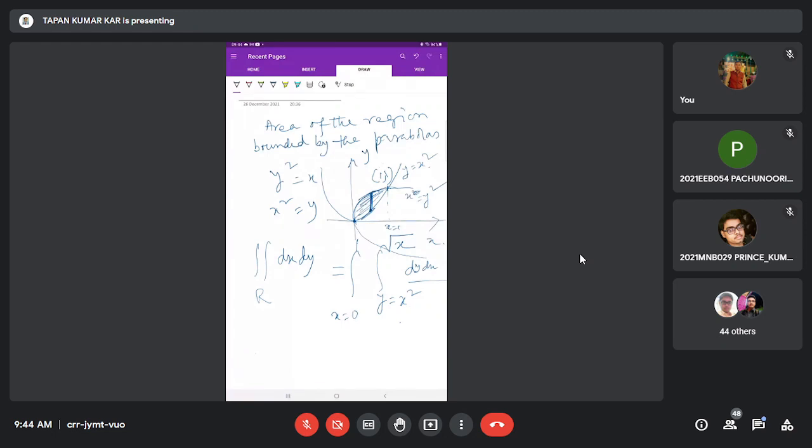And similarly, one more example: find the area in the first quadrant. If you would like to write this example, first write it, then I am giving another example.